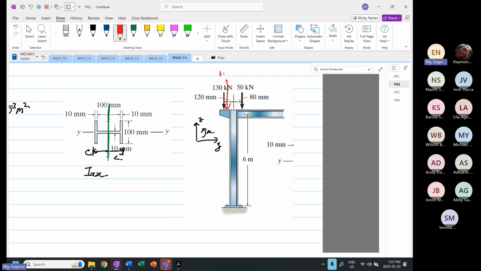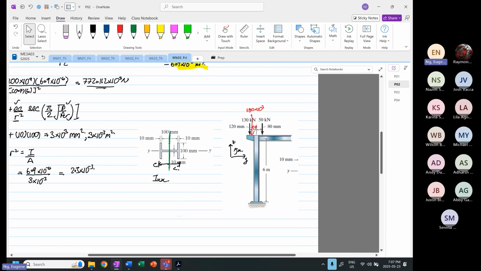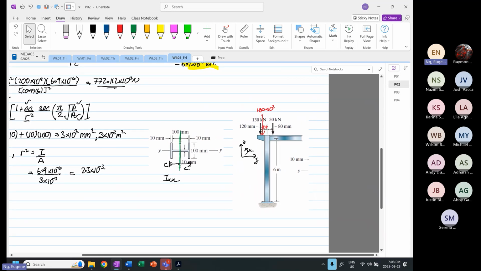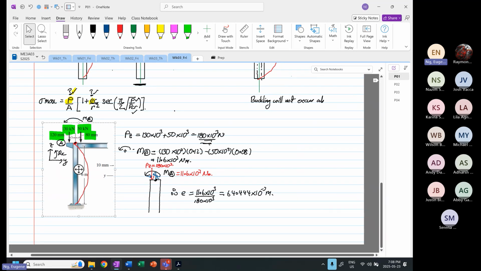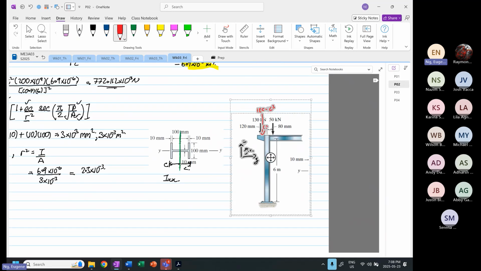This is our 180 times 10 to the power 3, and then there's the E distance, which we found yesterday. I think the E distance is equal to, did we have it over here? 64.444. Okay, so it's 64.444.